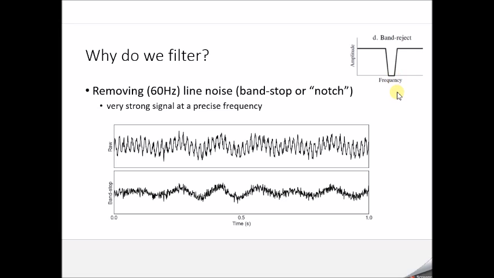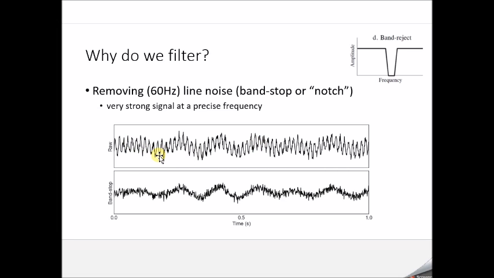So an example of this is to remove the electrical line noise in a signal. Line noise is commonly picked up around 60 Hertz. And the signal at the top has an example of that, where we see maybe a low frequency oscillation in this signal, but it's very heavily masked by a 60 Hertz sinusoid here.